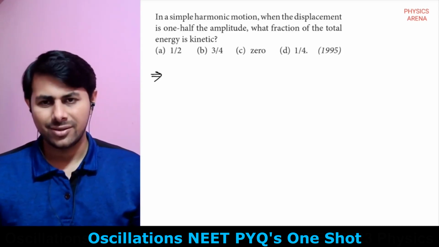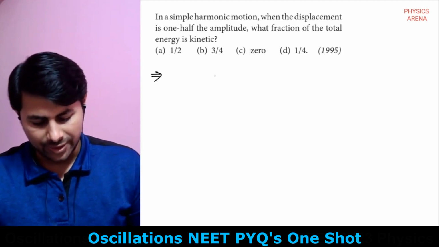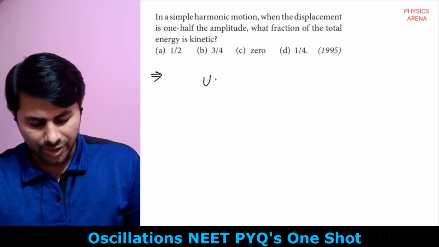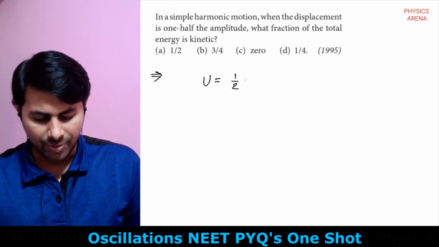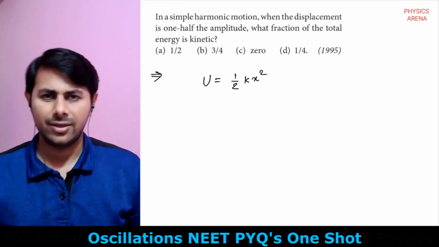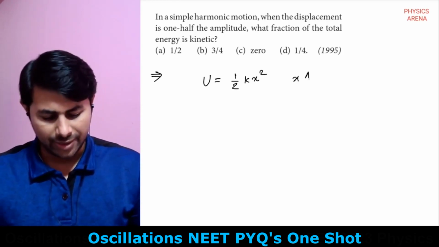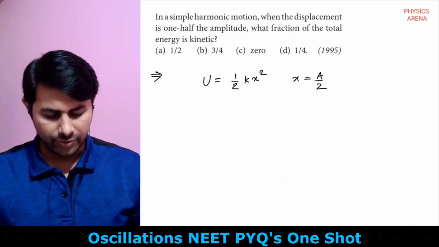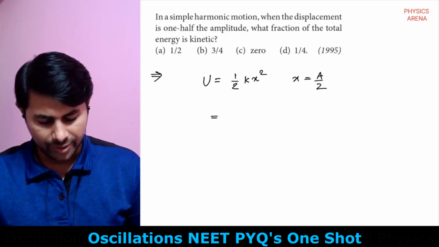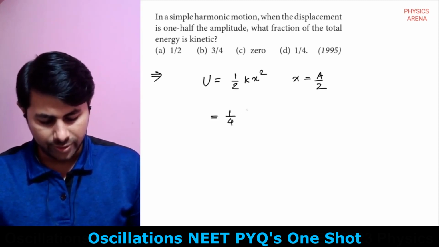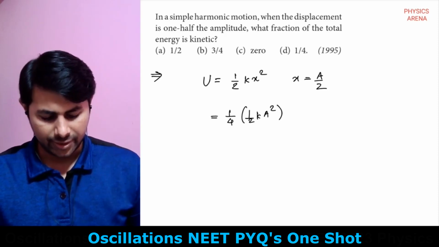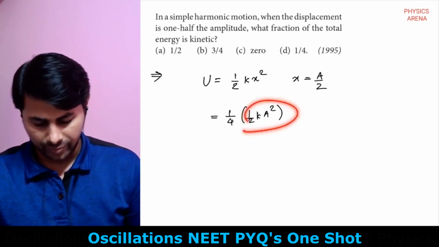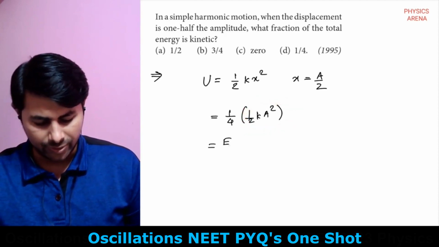So we just calculated, right? Potential energy given by half of k x square, x is equal to A by 2. Squaring that, we get 1/4 of half of k into A square, which is E. So it is E by 4.